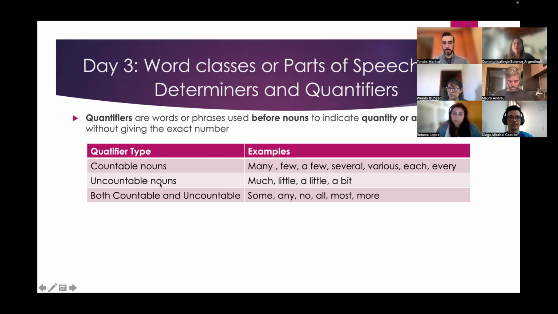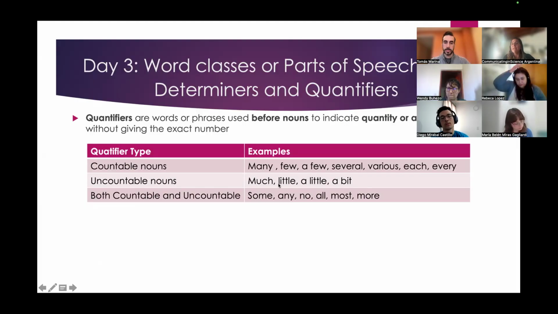In uncountable nouns, instead of many, we use much. Little, a little, and a bit. Little es poco. There is a little sugar, there is little sugar left. Hay poca azúcar. There is little time for me to do this.